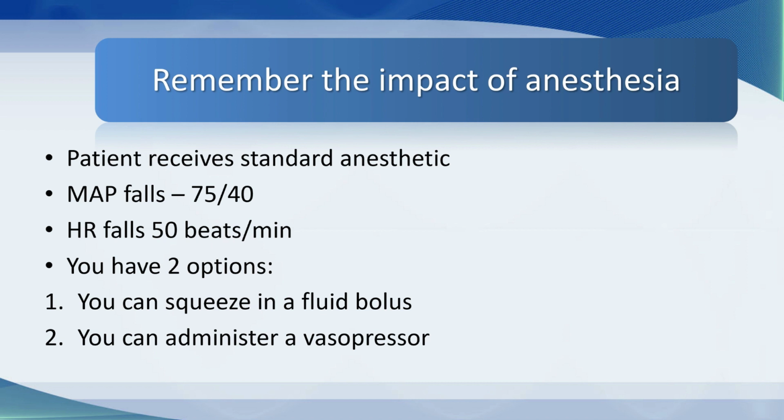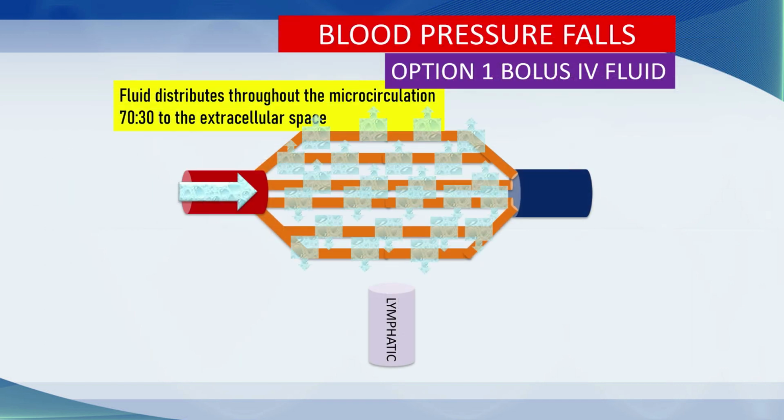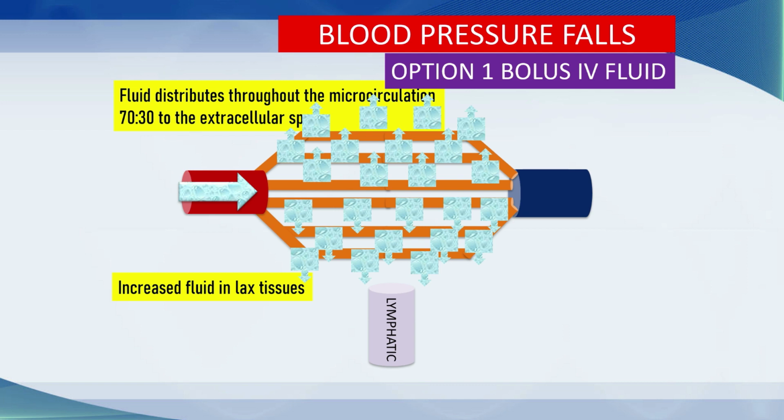Remembering that the microcirculation is wide open now because the patient has vasodilated extensively from the anti-adrenergic drugs and all those direct vasodilating drugs like propofol and sevoflurane. And what happens is if you squeeze the bolus of fluid in really quickly, that fluid just goes into the microcirculation under fairly high pressure, and it extravasates out into the interstitium.